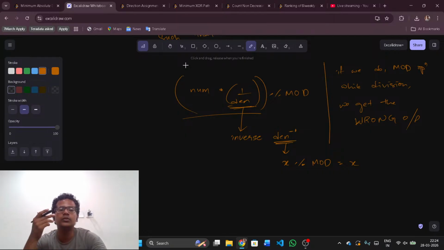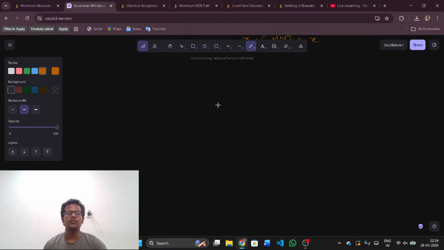How can we give the inverse mod? Let me tell you by taking an example. Let's take a is equal to 10, b is equal to 3, and m is equal to 7.